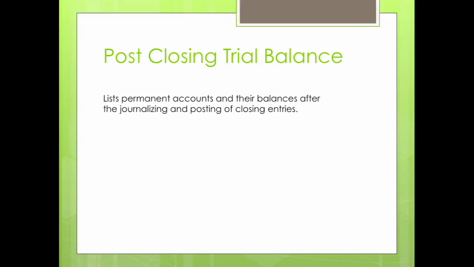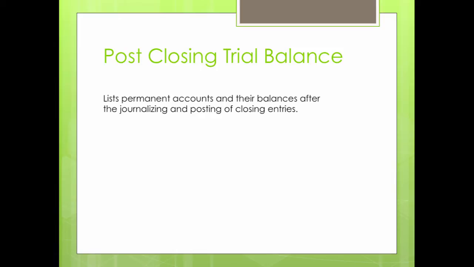So again, to prepare the post-closing trial balance, you list the permanent accounts and their balances after the journalizing and posting of closing entries. And remember that the permanent accounts include all asset accounts, all liability accounts, and the owner's capital account.